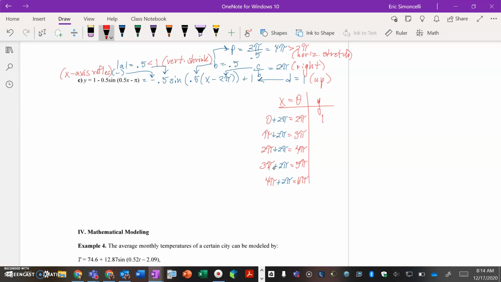That's the next increment on the unit circle, as it always will be if we do it in this manner. Sine of pi over 2 again is 1 times negative a half is negative a half, plus 1 is 0.5. 4 pi minus 2 pi, that's 2 pi, times a half, that's pi. Sine of pi is 0, times anything is 0, plus 1 is 1.